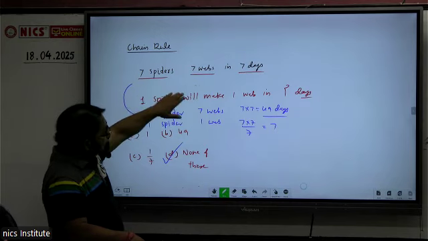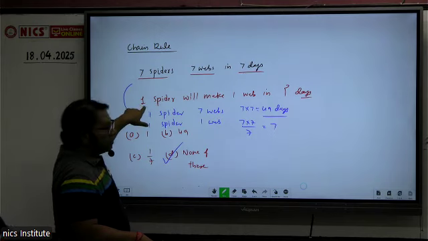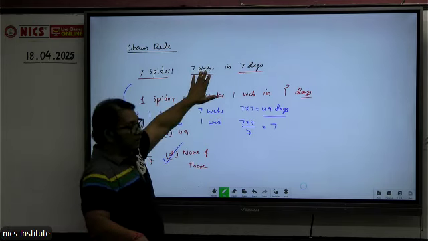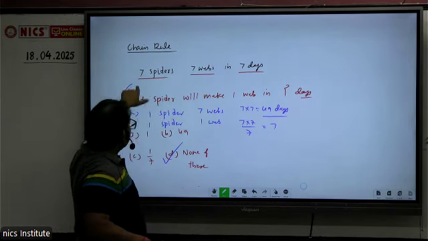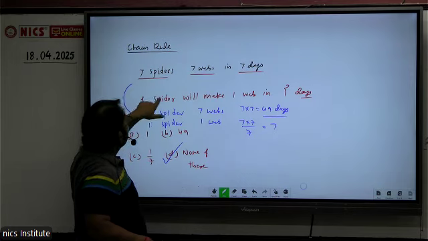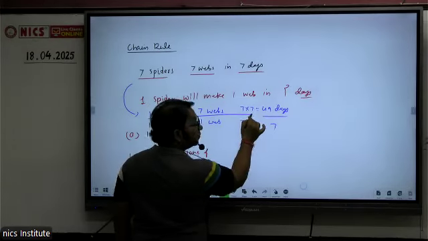7 spiders, 7 webs in 7 days. This is clear to you? I want one spider. So I have decreased this, and I'll keep this constant. In one step, you keep one constant and you change one variable. So one spider will make 7 webs in how many days? It'll take more time or less time?